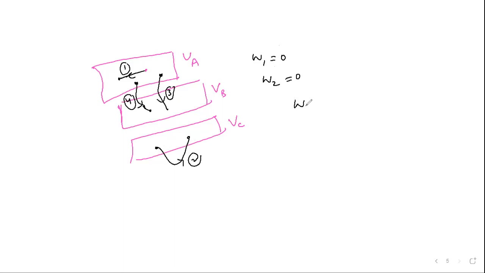What about W3 and W4? They both are not equal to 0. Why? Because the points connected by path 3 and path 4 lie on different equipotential surfaces. There will be some work done by the field as we move along these paths. They are non-zero.